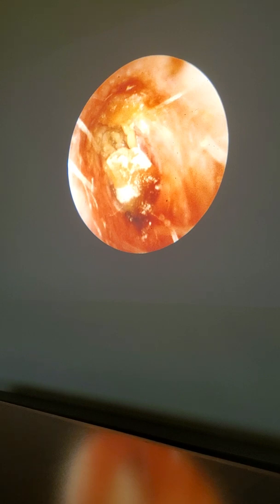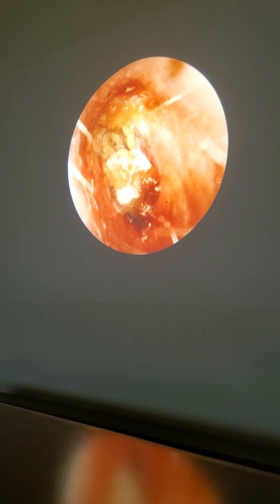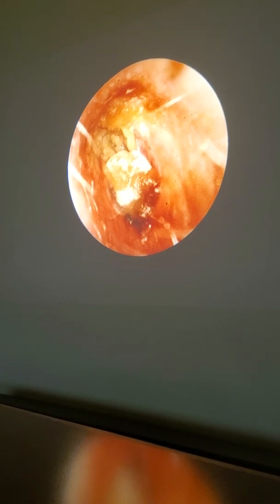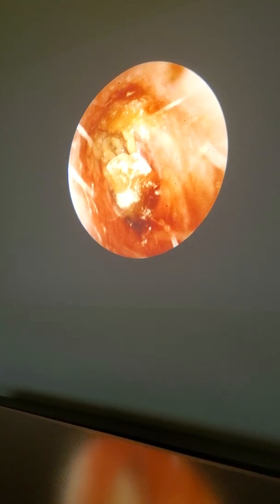Always remember that the first layer of the eardrum is skin, and then the entire ear canal. For some reason, the natural protective process of this skin is lost. And then, as I often say, the ear canal is a perfect place for organisms to live and fungus to live because it's dark, it's warm, and if it's moist, you're going to have fungus. It's going to grow in there.